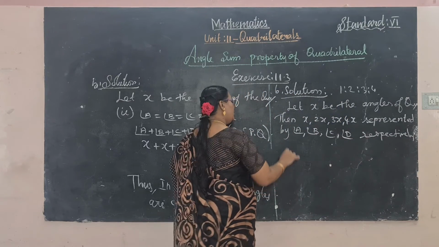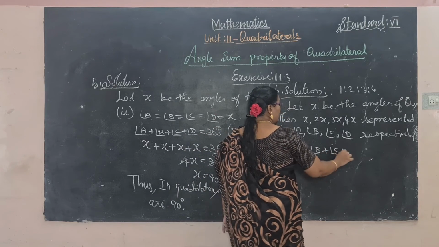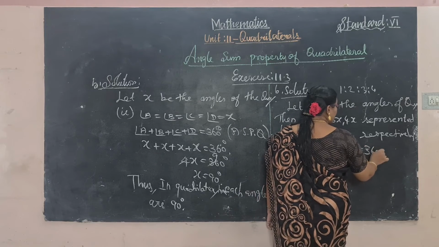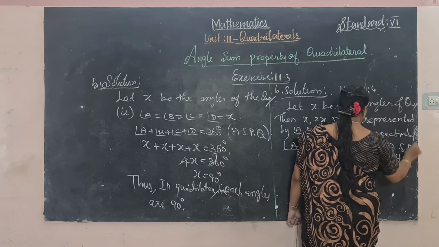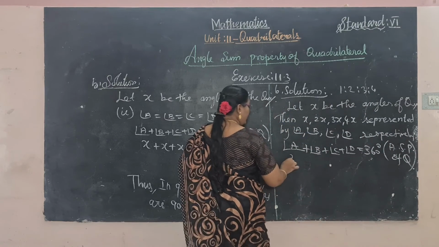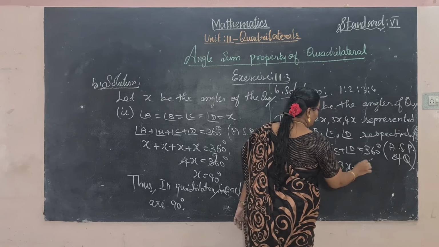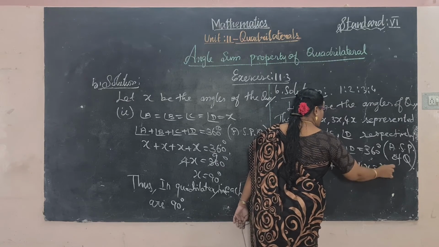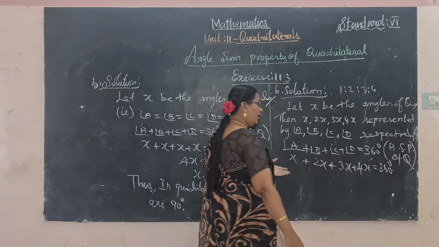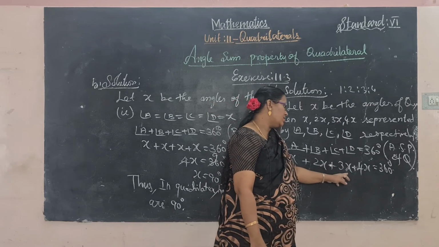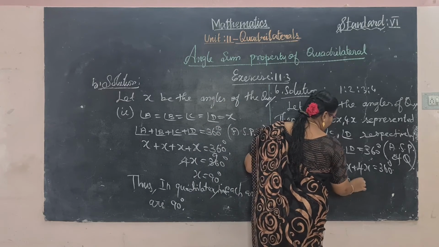Now we use the angle sum property of a quadrilateral. Angle A plus angle B plus angle C plus angle D equals 360 degrees. So x plus 2x plus 3x plus 4x equals 360 degrees. Adding the like terms: 3x plus 3x is 6x, 6x plus 4x is 10x.